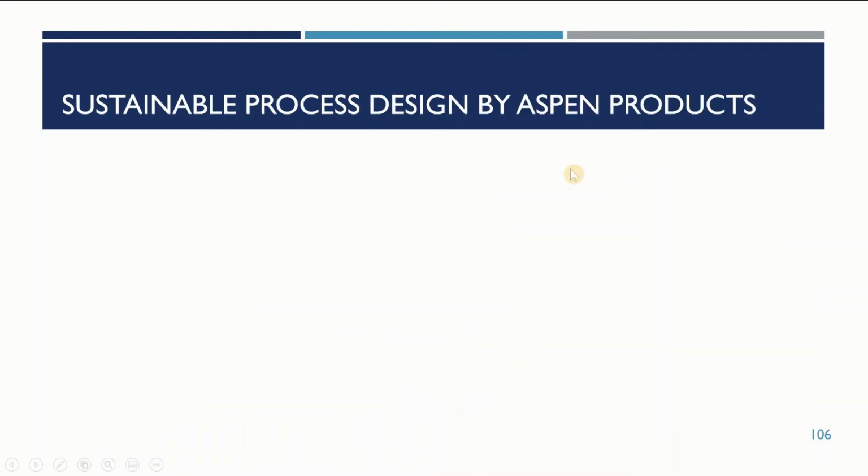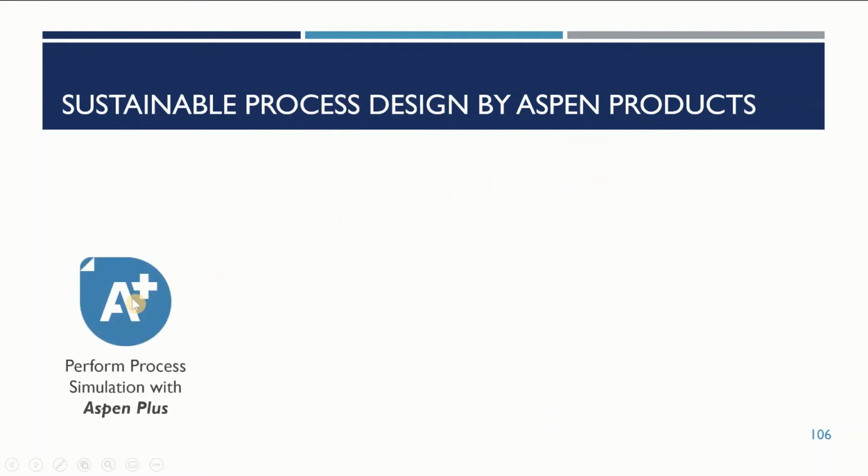In order to perform those tasks, you can use ASPEN products included in the ASPEN One Engineering suite. First, you need to create the process flowsheet simulation in the process simulators, such as ASPEN Plus or ASPEN HYSYS.